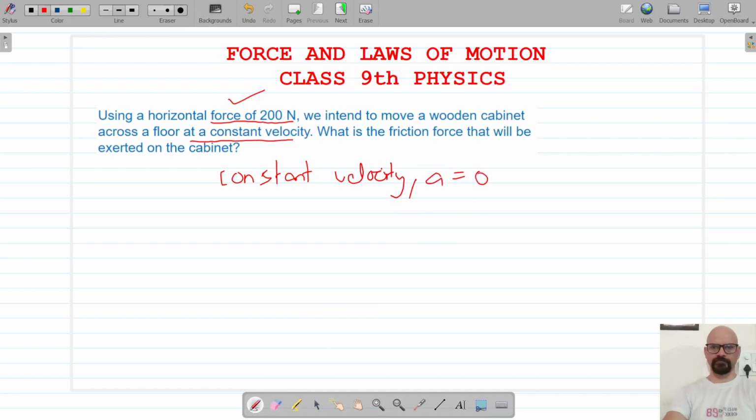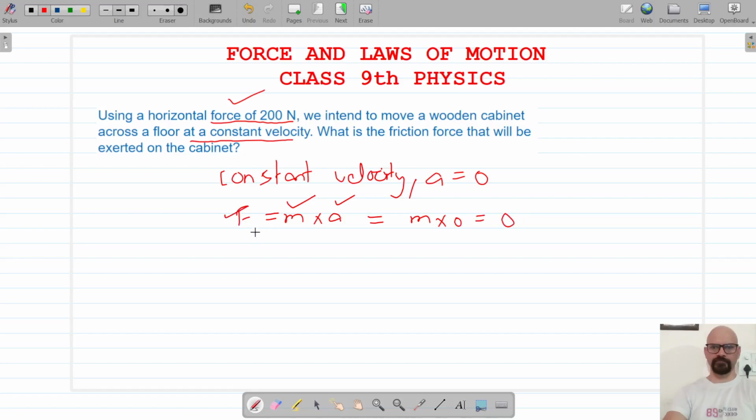Because the acceleration is zero, the net force will also be zero, because force is equal to mass into acceleration. Mass cannot be zero, so m into zero is equal to zero.